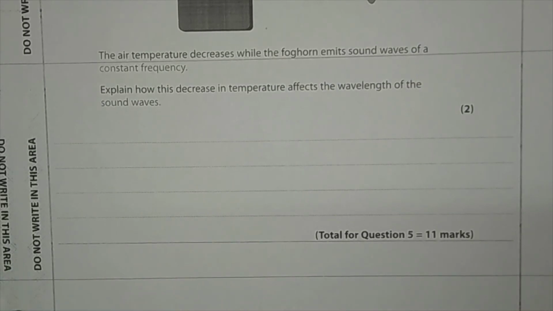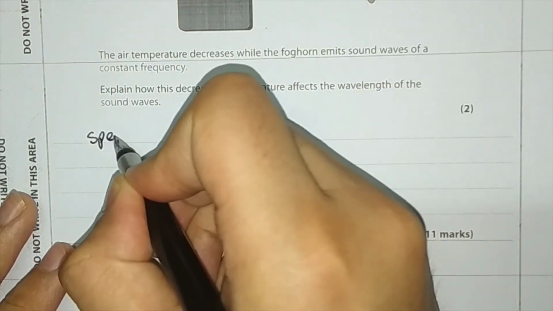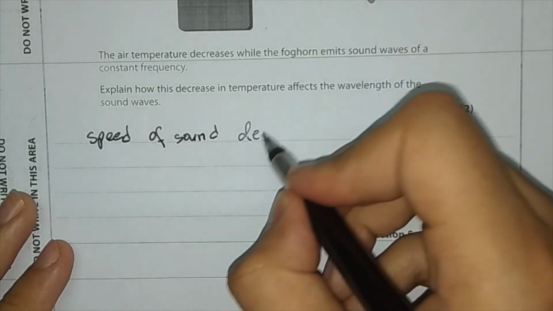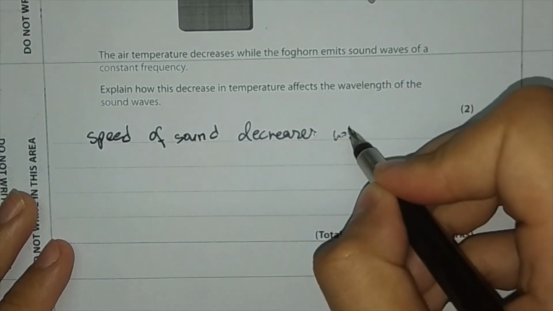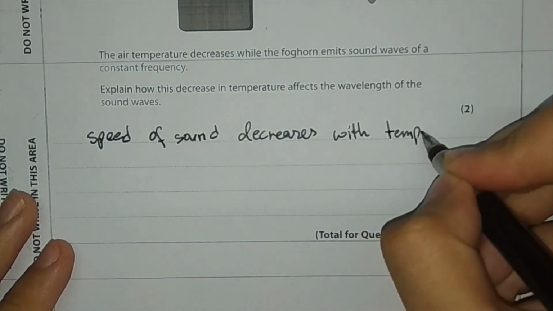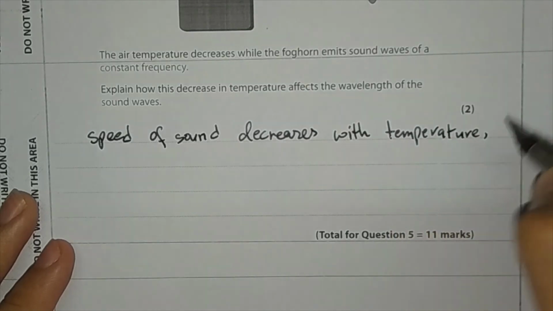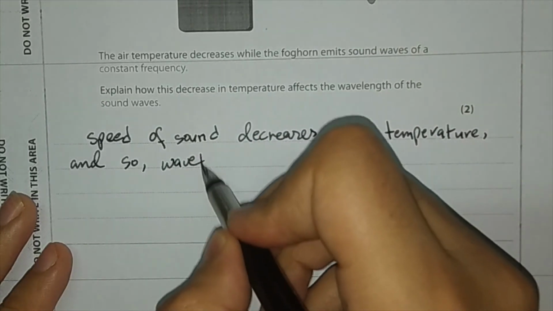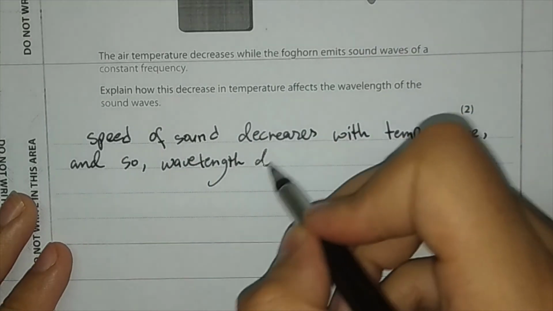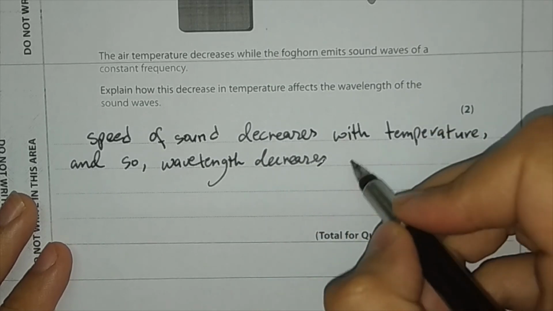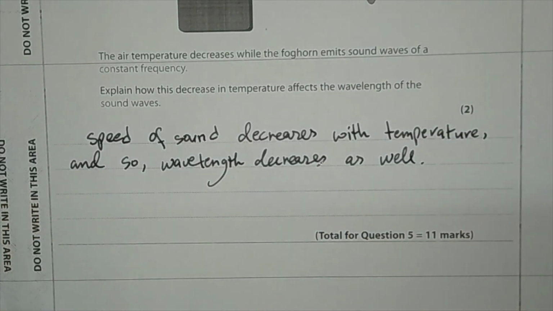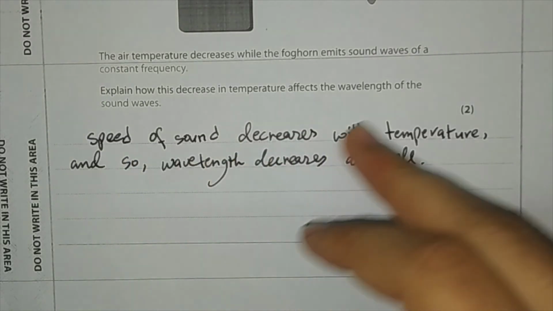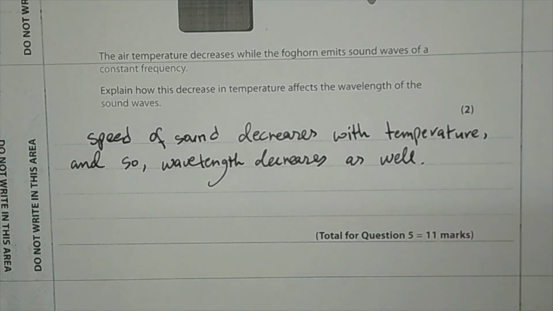So we will just write speed of sound decreases with temperature, and so wavelength decreases as well. Here are 2 marks. You're linking the speed of sound with the wavelength and the temperature.